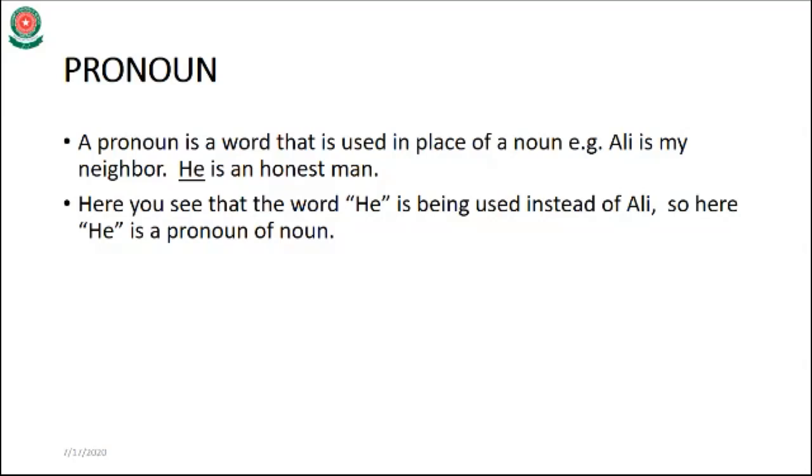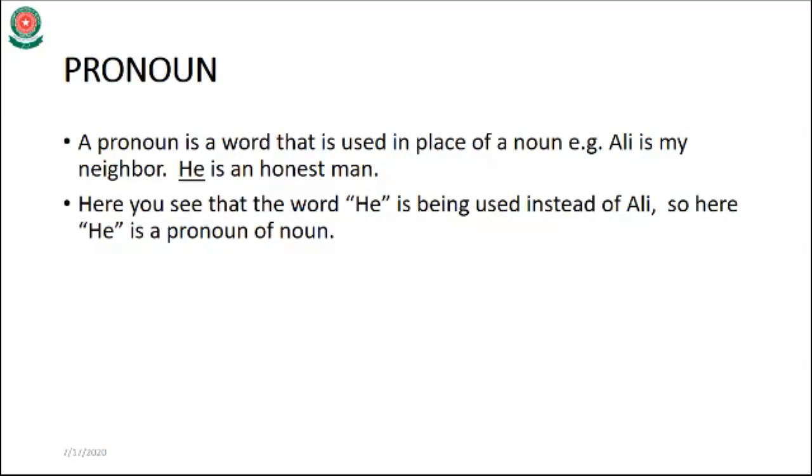For example, Ali is a boy. Ali is my neighbor. Ali is a good boy. We use he instead of Ali. It means that we use a pronoun. The pronoun is he. We use a pronoun instead of a noun.